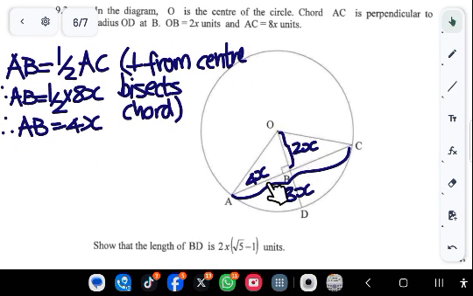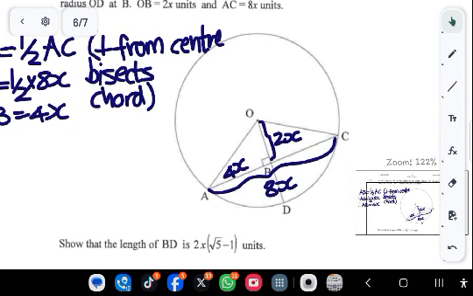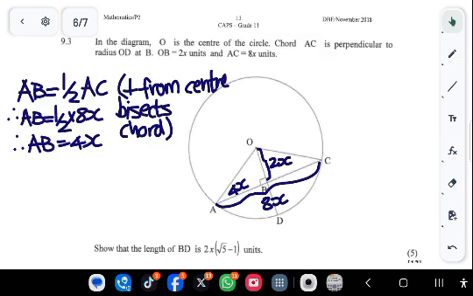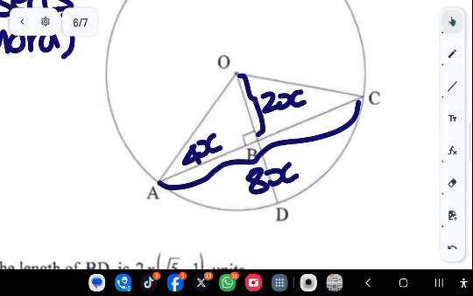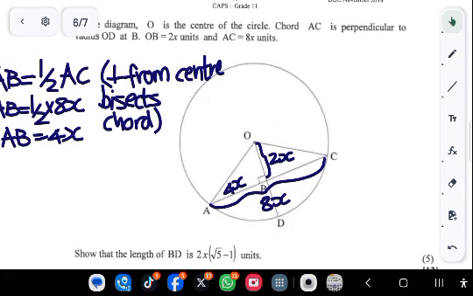This is a right angle triangle. We've got AB, we've got OB. Now what we need to find is BD. We know that BD is related to OA equals OC, equal radii. So we need to find OA, and that will help us find BD.